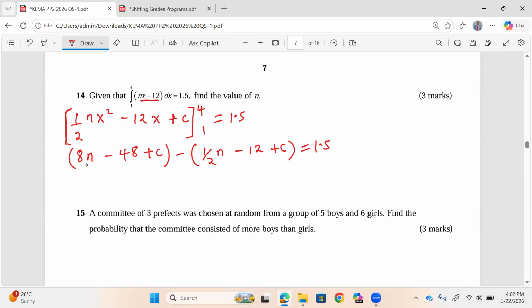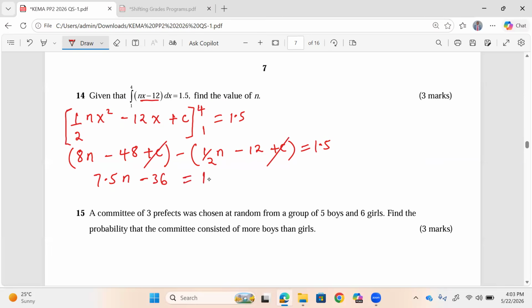So we can now group terms. 8 minus half becomes 7.5n. Then negative 48 minus a negative 12, sorry, will give us negative 36. Then c minus c cancels.